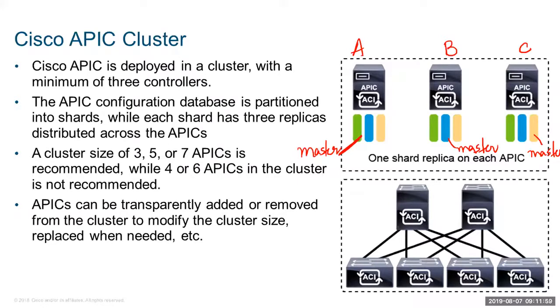Similarly, I can reduce the size of the cluster. When I'm doing a reduction, I would be reducing in a reverse manner, which means you would remove APIC server 5, then you remove APIC server 4 if you want to go ahead and reduce it from a 5 to a 3. Okay. If you want to replace a server because its CPU utilization is too high, it's one of the old servers, you would have to decommission the APIC.